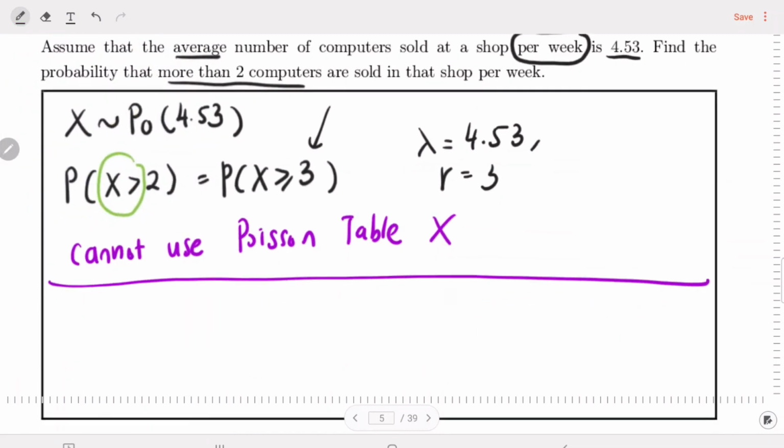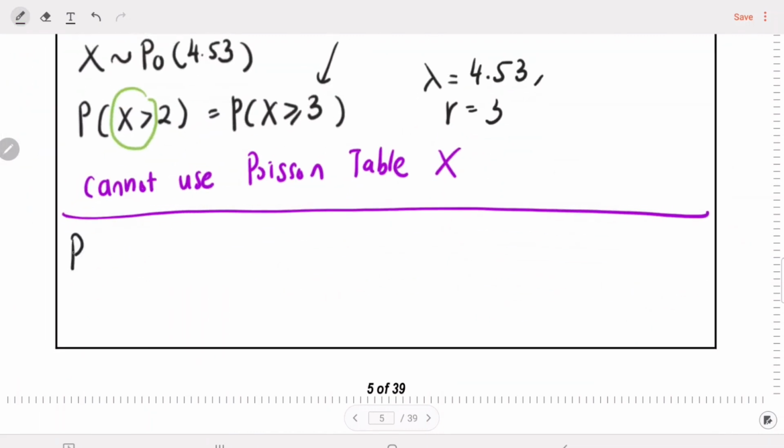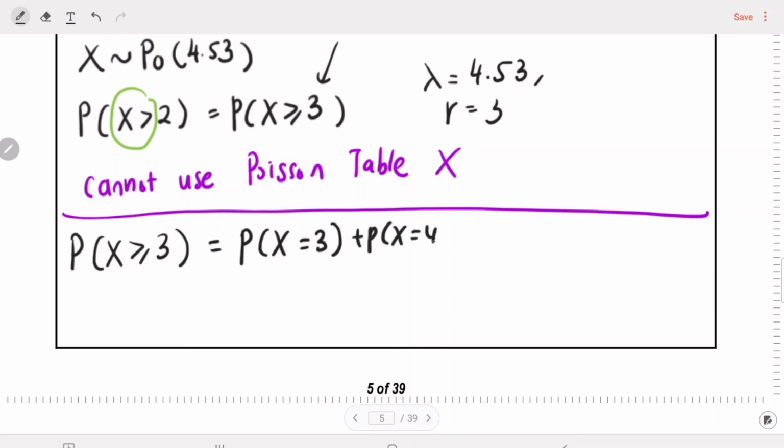To use the formula, we need to find the probability X more than 2, which is X greater than or equal to 3. So to use the formula, we would need to calculate the probability from 3 until infinity. But this is impossible. So instead of finding the probability starting from 3 until infinity, we reverse the process.